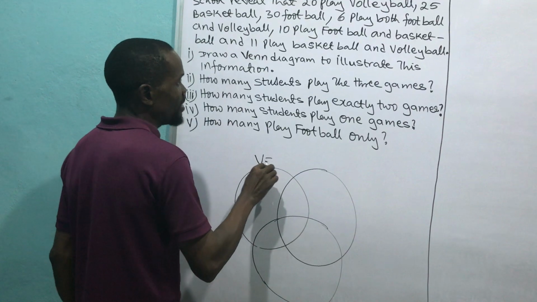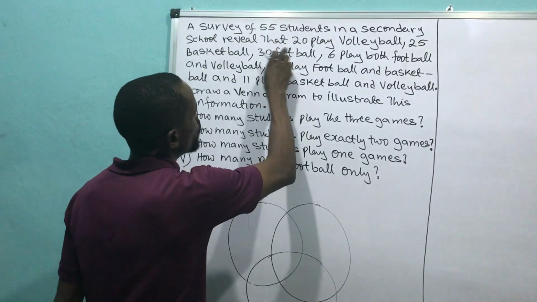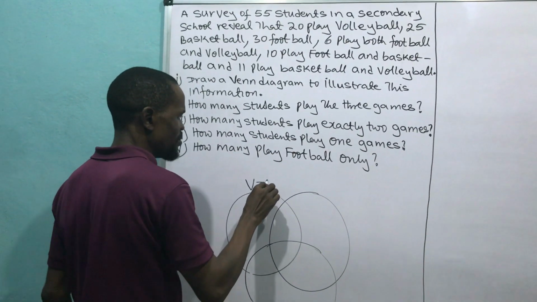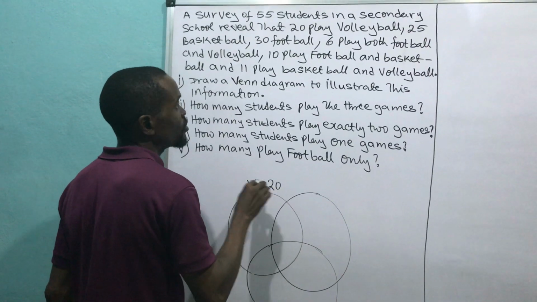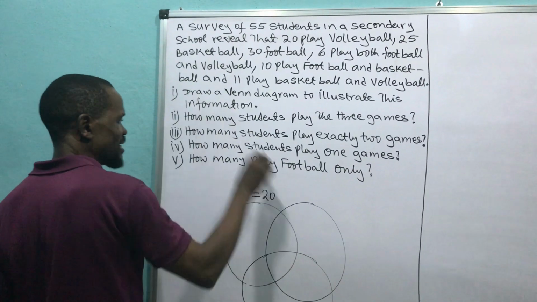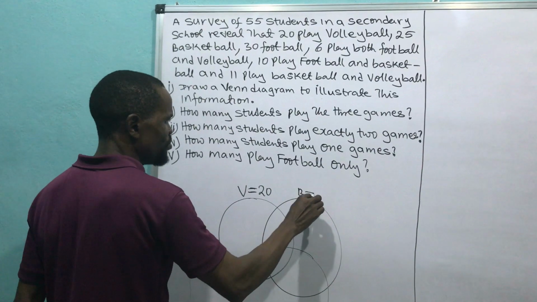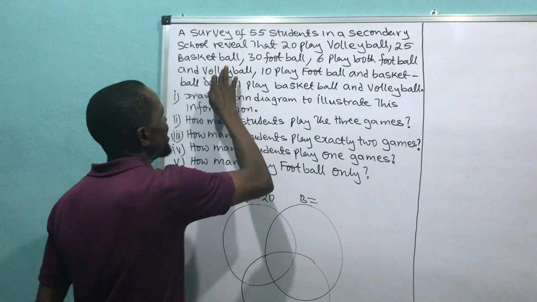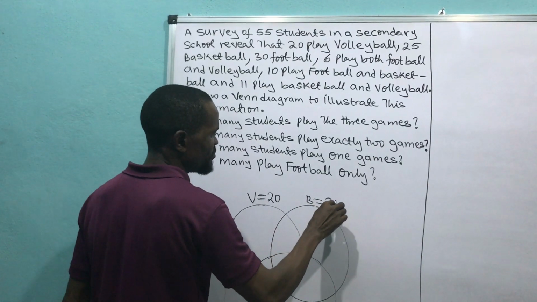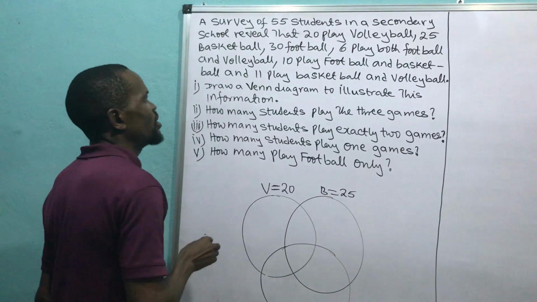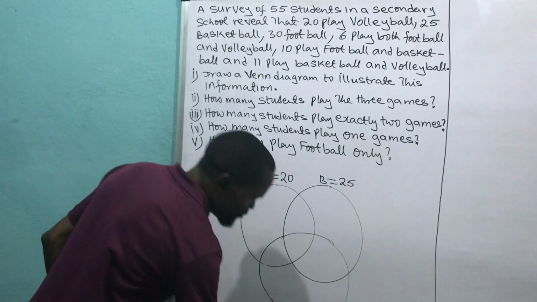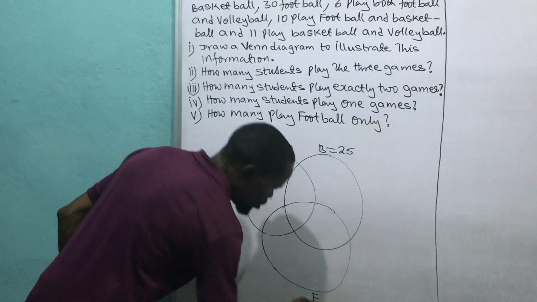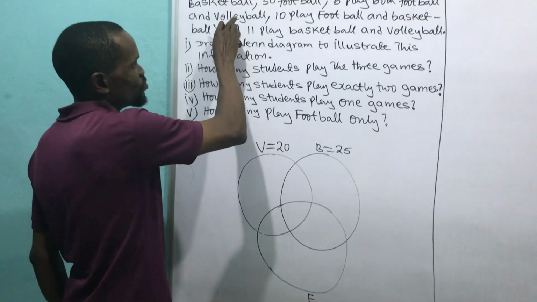They said 20 play volleyball, so that means 20 play volleyball. I'm using B to represent basketball, and they say 25 play basketball. Then if I'm taking F to be football, they said 30.